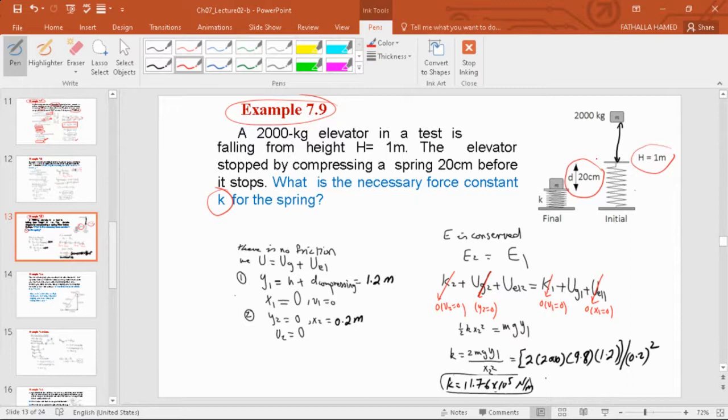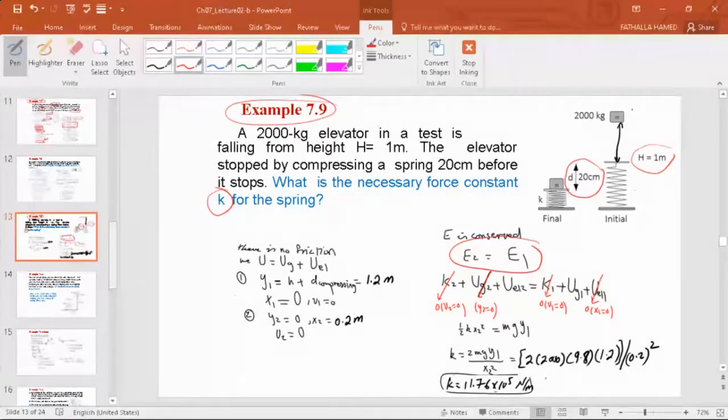Now we see only gravitational forces doing work here, and we see a spring. We don't see any other forces. So we have conservation of energy here. So E2 and E1 are conserved.